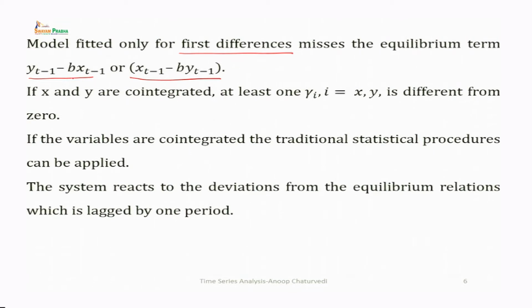So, this term was missing, and actually these are the terms which provide the long term relationship between x and y.